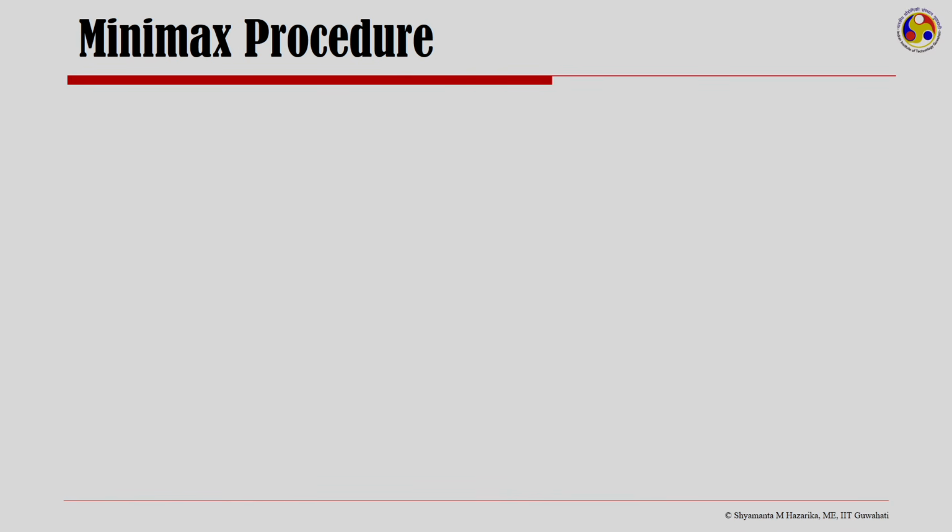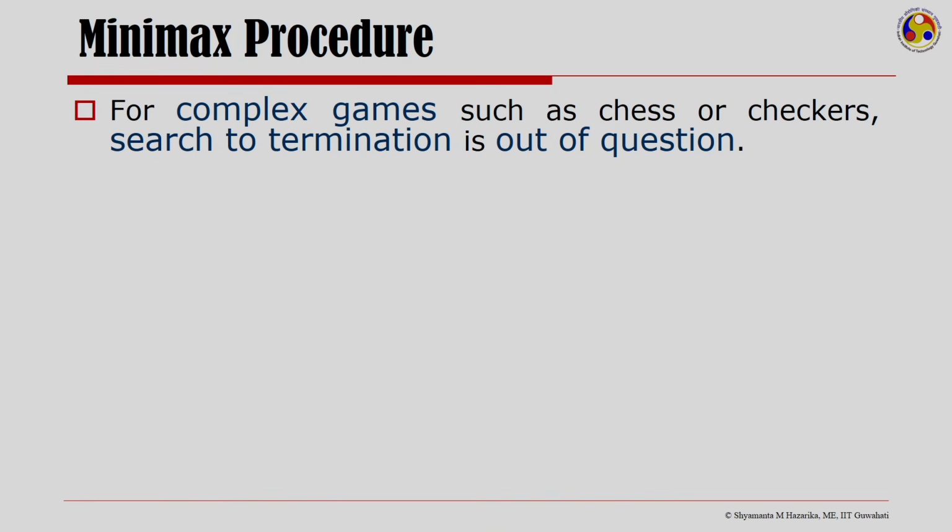Now, let us look at how one gets to know the first best move in such a board game. It is important to realize at this point that for many complex games such as chess and checkers, search to termination is out of the question. The complete game of chess has approximately 10 to the power 40 nodes.